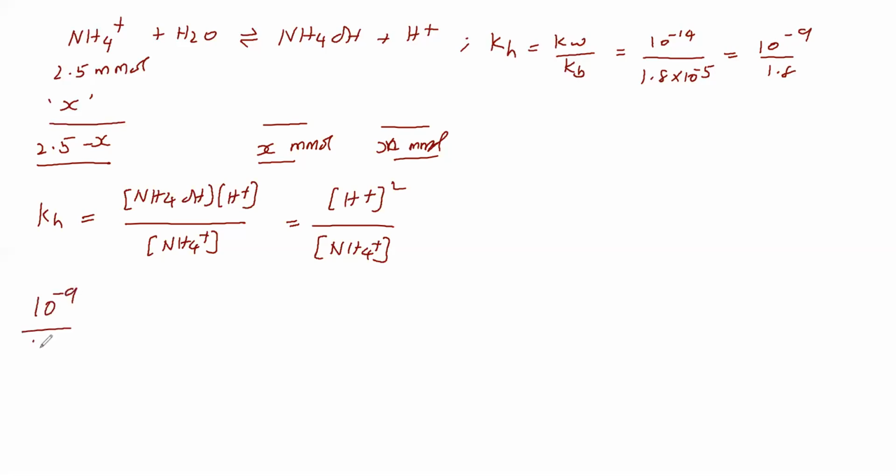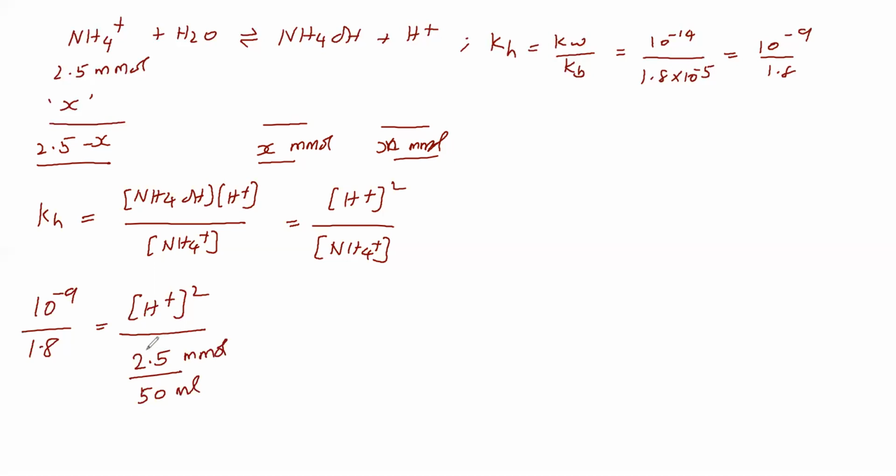Then we want the concentration of H plus in order to find pH. So we have to substitute the ammonium ion, which is 2.5 minus X, that we will take as 2.5 millimoles of ammonium ion. The resultant solution volume is 50 ml, that we will substitute. So we get the concentration of ammonium ion at equilibrium.